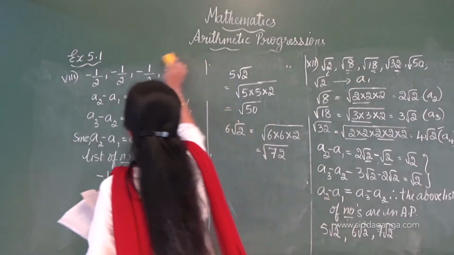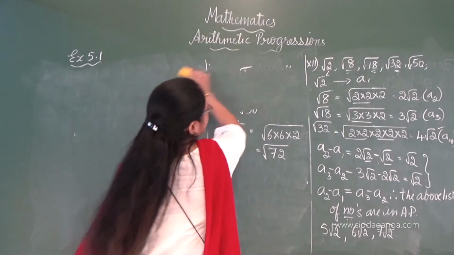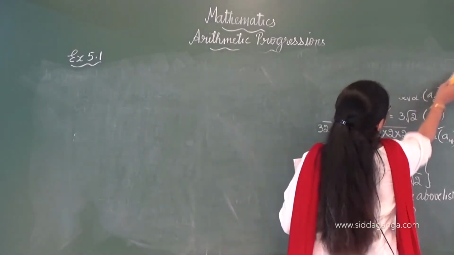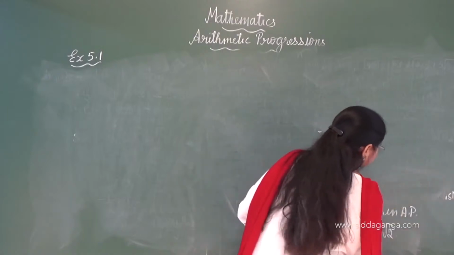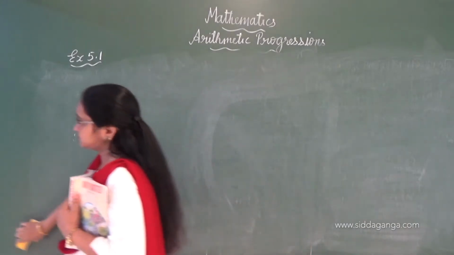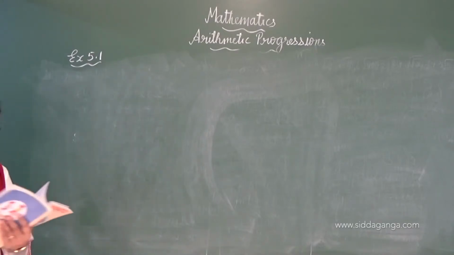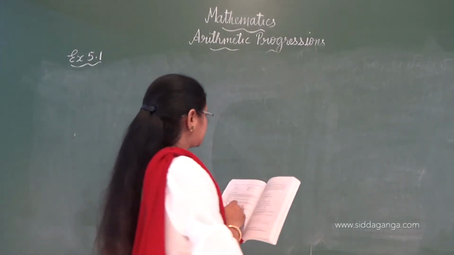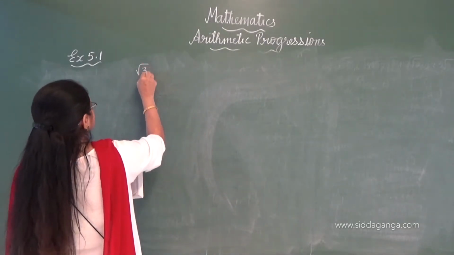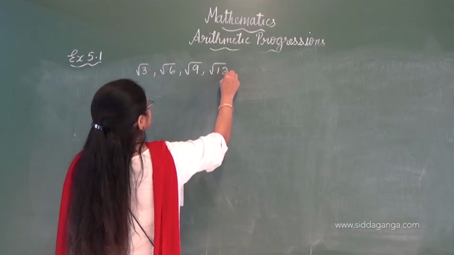So, I will do 2 more sums. I think by now you are familiar with this type of sums. We shall do this sum: root 3, root 6, root 9, root 12.